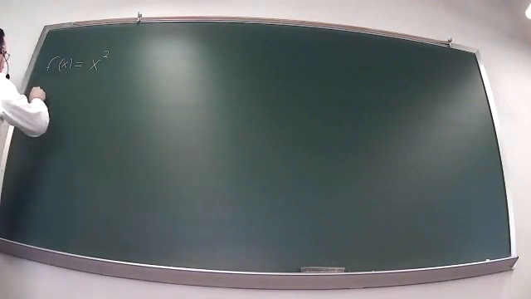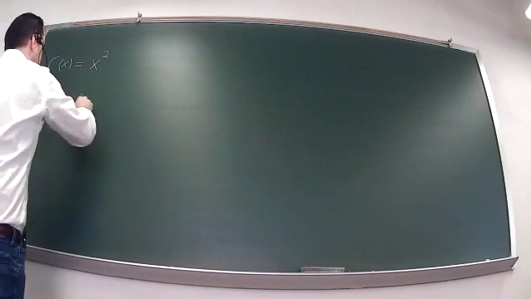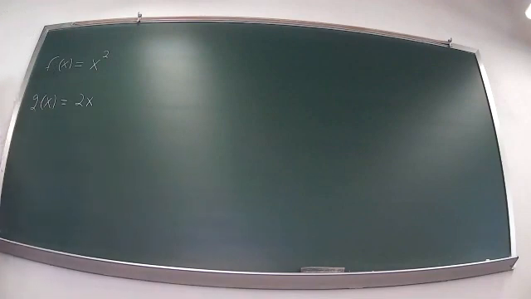So what do I mean when I say a composition of 2 functions? So far, if you're given 2 functions, like say f of x equals, let's start with x squared. And take another function, maybe g of x equals 2x. There are certain things we know.